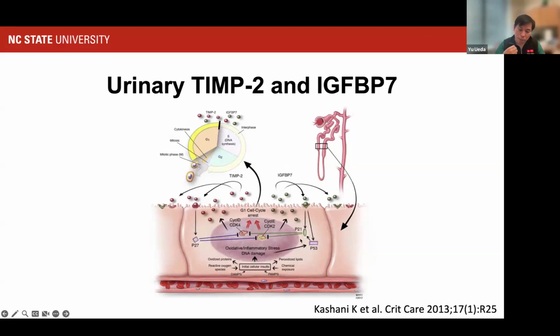And these P proteins block or inhibit the expression or production of the cyclin-dependent protein kinase. This cyclin-dependent protein kinase that is produced in these tubule cells is actually promoting the cell cycle. But this promoter of the cell cycle is inhibited by P27, P21, and P53, so that eventually TIMP2 and IGF-BP7 play a role to induce cell cycle arrest.